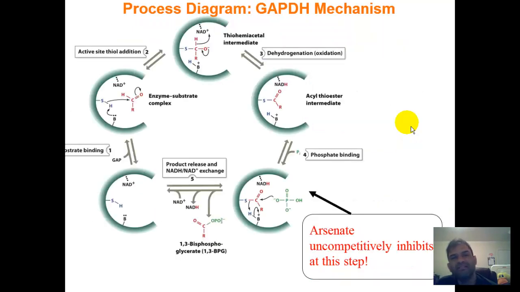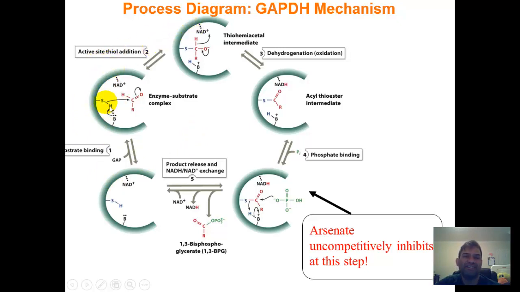So here's the mechanism for glyceraldehyde 3-phosphate dehydrogenase. Again, the mechanism is to make you learn, not so much test question material. First of all, glyceraldehyde 3-phosphate dehydrogenase is ping, ping, ping, pong, pong. So here's our ping, glyceraldehyde 3-phosphate. Our second ping is NAD plus that comes in.